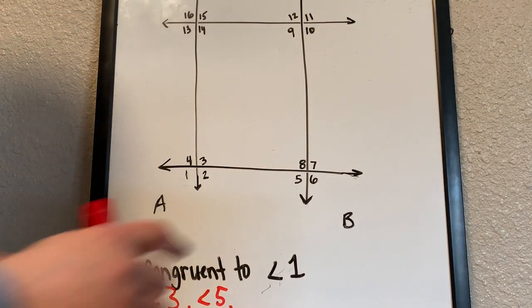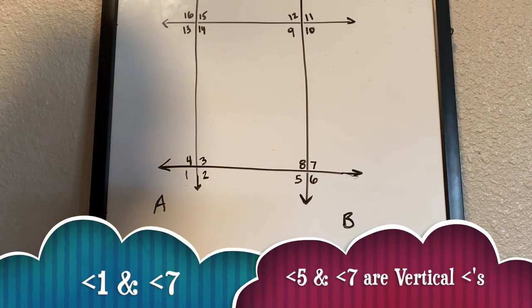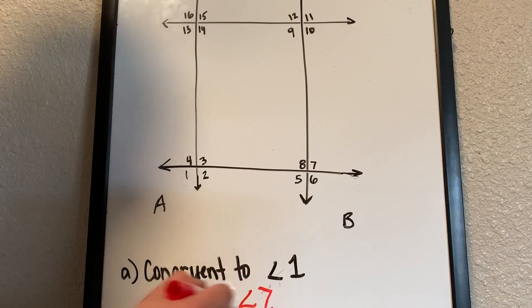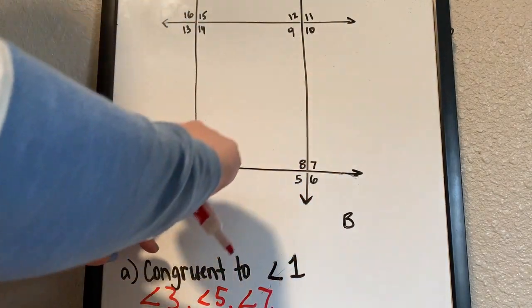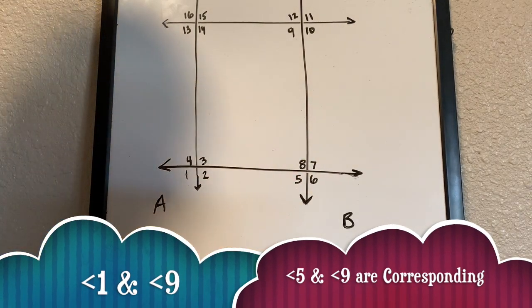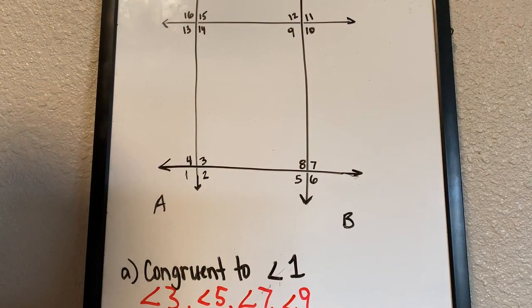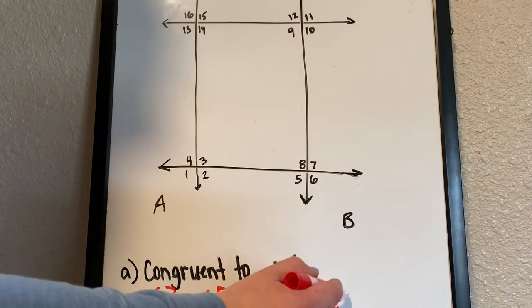Okay, so also angle 7 then is congruent to angle 1. Okay, and then we also have angle 9 is congruent to angle 1. Okay, we also then have angle 11 that is congruent to angle 1.